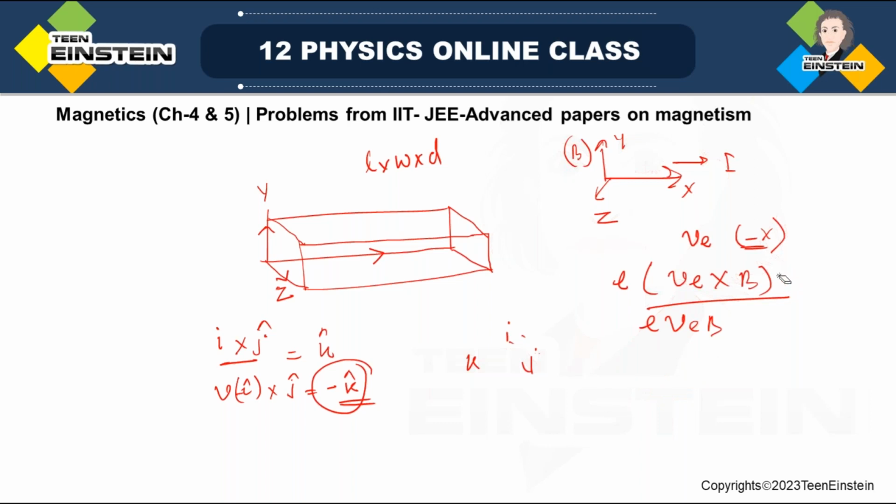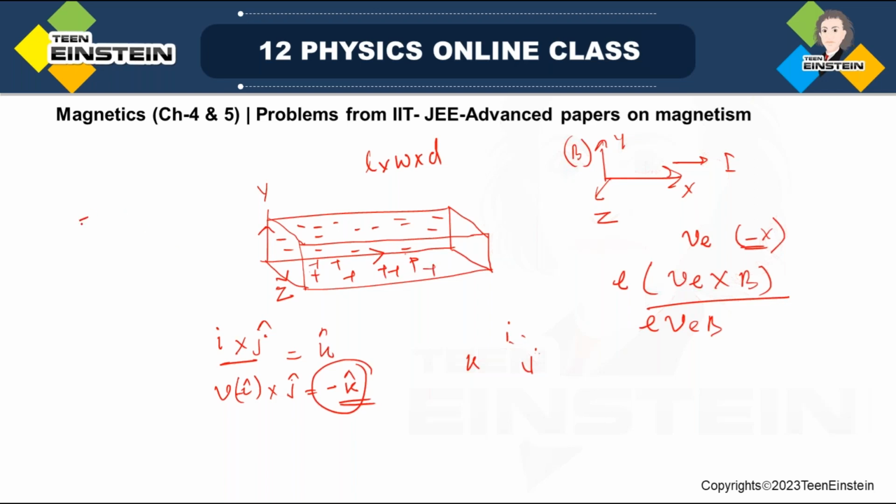Positive charges are deflected the other way. So here there will be all the electrons, the negative charges, and here it will be all the way positive ion cores or positive charges.